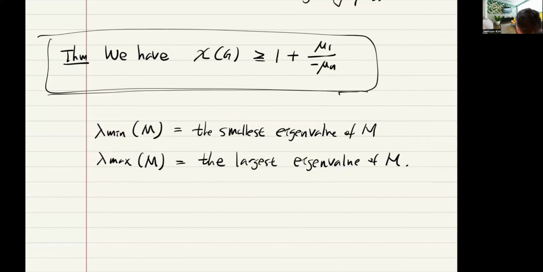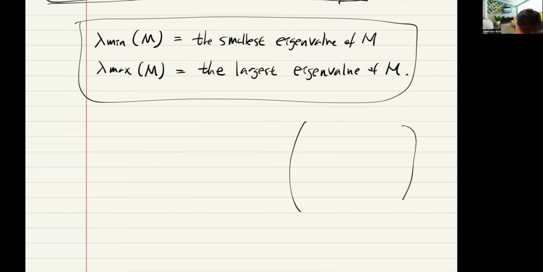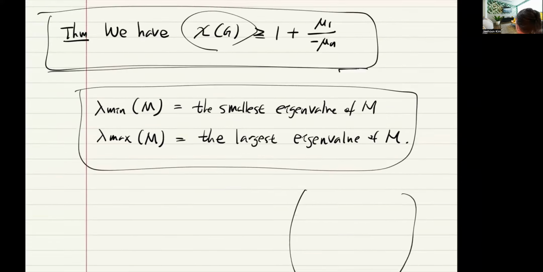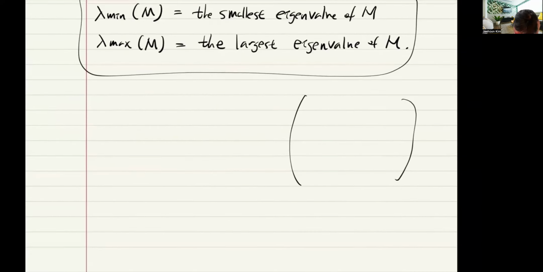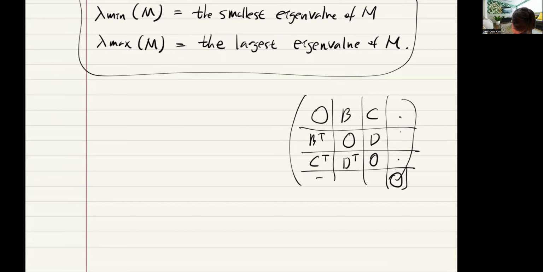So what we want to do is utilize the fact that if your graph is K-partite, you can reorder the vertices so that these rows and columns are partitioned in such a way that these parts are all 0, and these are symmetric, and so on.